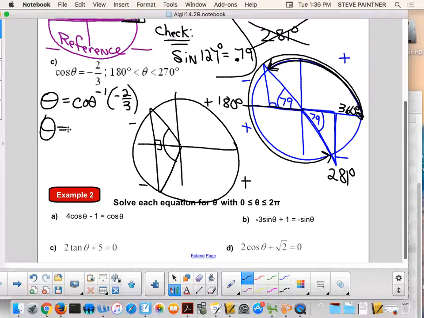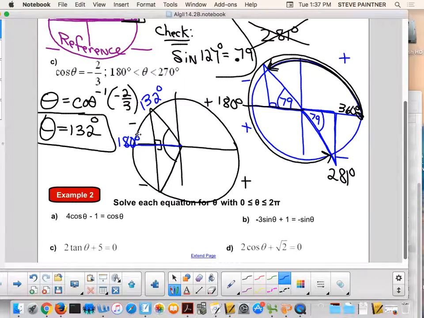Theta equals what? 132. Okay, and this is why, guys, this is why this is hard. The calculator tells you 132, but the problem is it doesn't tell you the reference. This is the only one where it doesn't tell you the reference. Can you figure out the reference on your own? This is 180. You know you're at 132 for an answer.